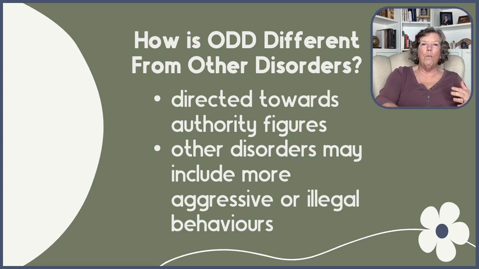We can indicate what we observe, and then they take it from there. So the key differences, again, are the specific pattern of oppositional behaviors directed solely at authority figures, rather than aggressive or illegal behaviors, which are more likely attributable to maybe something like a conduct disorder. And we're going to get those confused. We just see all of it as defiance, but it's not.